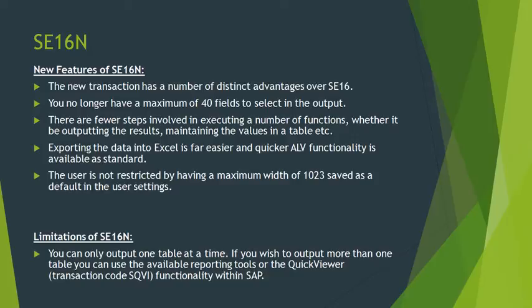On my screen you will see the new features which are added to the SE16N transaction. You no longer have a maximum of 40 fields to select in the output. You can select as many as you want. And whenever you are exporting the data into Excel, it is far easier and quicker.